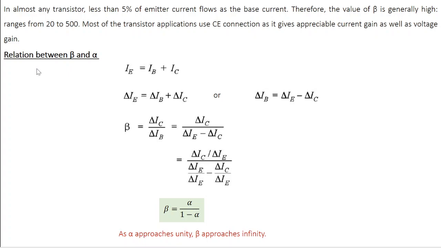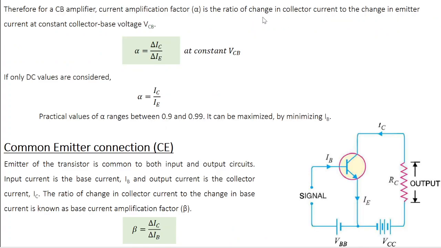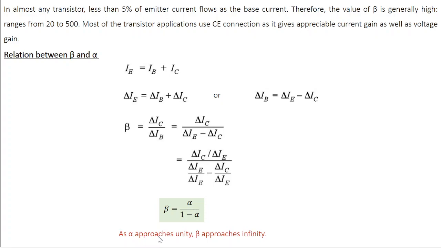Now we know that in any practical transistor, the value of IB is very, very small, right? Less than 5% of the emitter current only flows as the base current. So the denominator is going to be very, very small. That's why the value of the current amplification factor is generally very high in the case of common emitter connection.